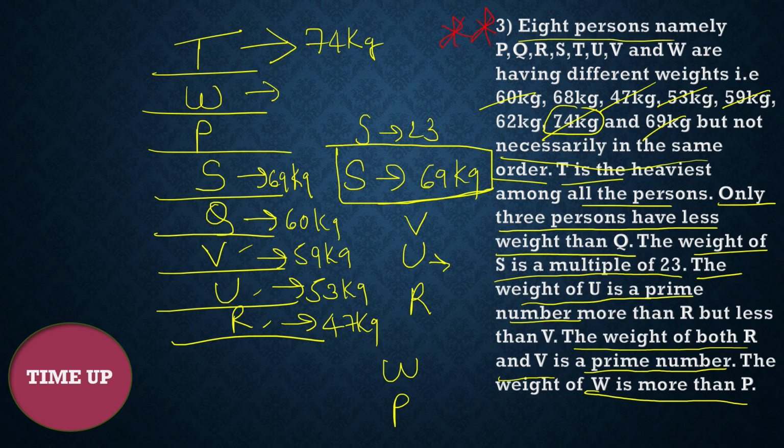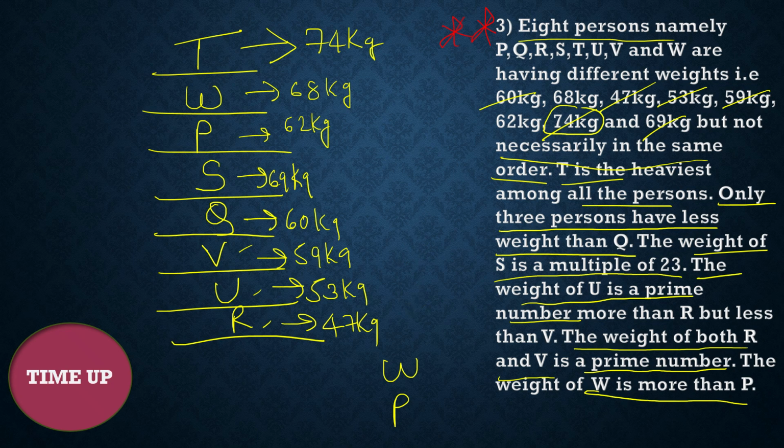So if I say 68 kg here, because the weight of W is more than P, then 62 kg is left. Don't you think this arrangement is wrong?